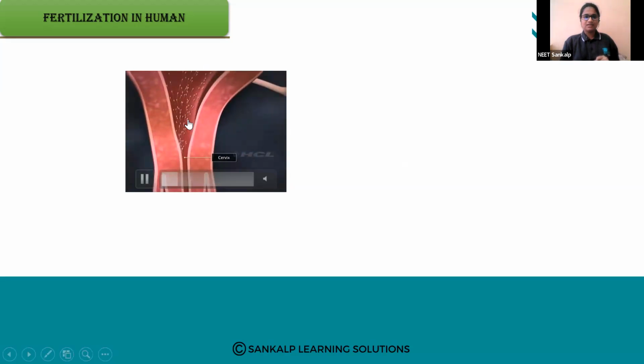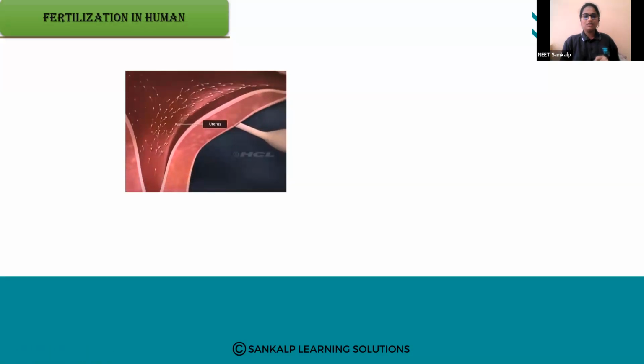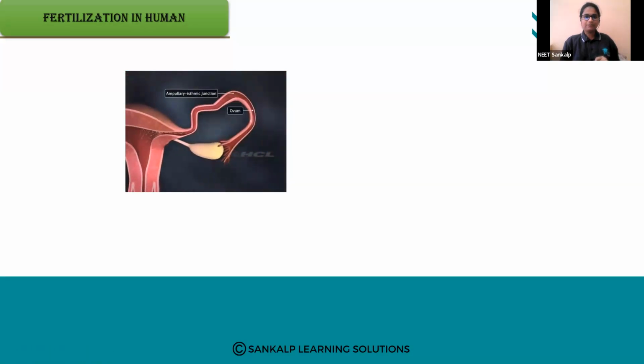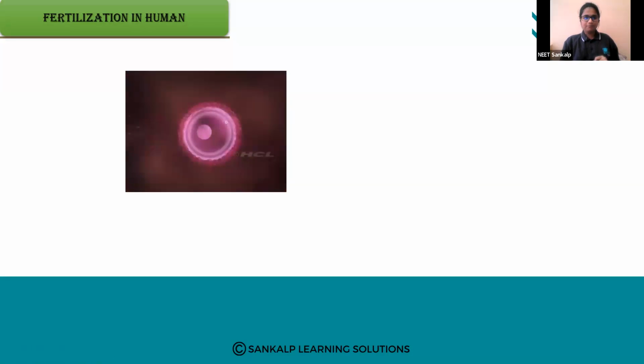See there, this is the cervix, then the uterus. The sperms are entering the fallopian tube, and here the egg is coming. Yes, the secondary oocyte is there. Fertilization occurs. During fertilization, the sperm has to penetrate all three layers.